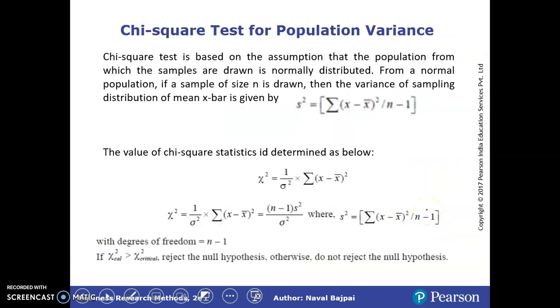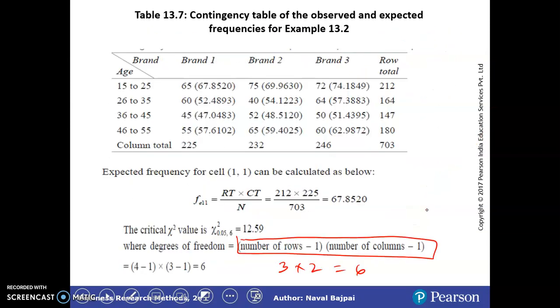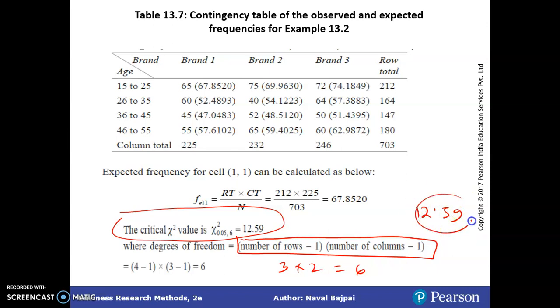We'll have a look at that table also, but the critical value for chi-square at the given significance level is 12.59. Anything below 12.59 will not be accepted. As we have discussed, our calculated value should be greater than the critical value.